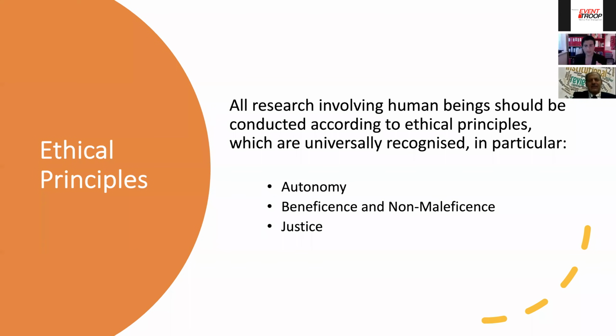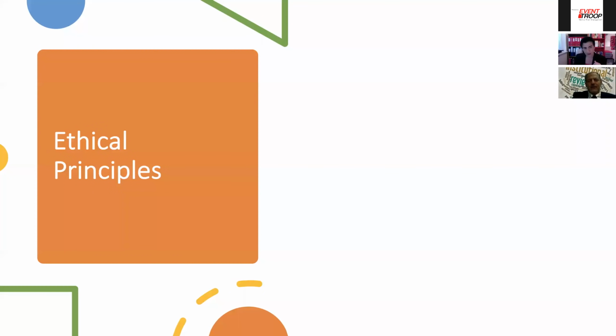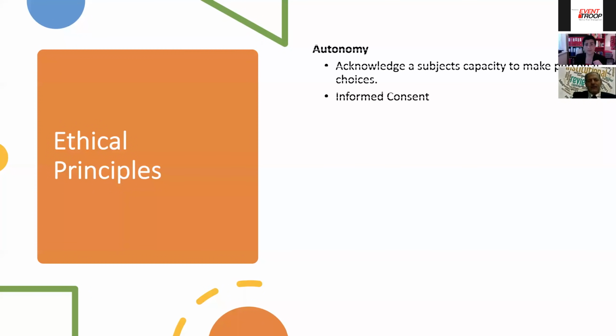The principles are autonomy, beneficence and non-maleficence, which I'll explain, and justice. These are 3 fundamental ethical aspects that we must all follow when experimenting in human subjects. So what do we mean by autonomy?